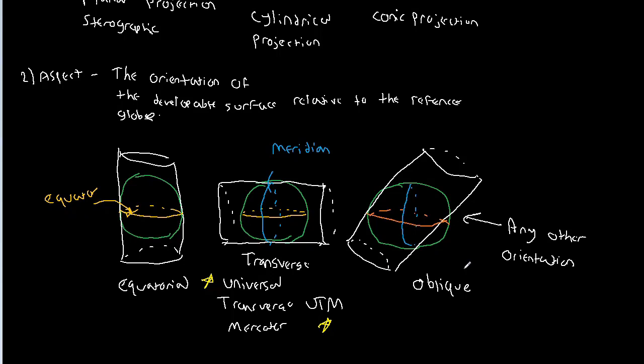So whenever you see transverse, it means that we've tilted it on its side. Whenever you see oblique, it means that we've done anything else. And if you see equatorial, that generally means that we're focusing on the equator. Generally speaking, that means the developable surface is oriented north-south.